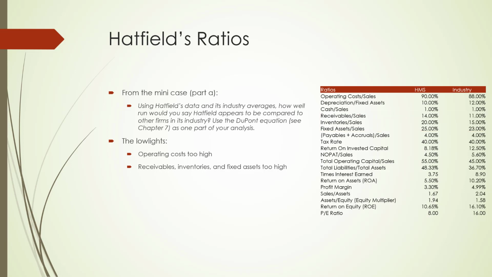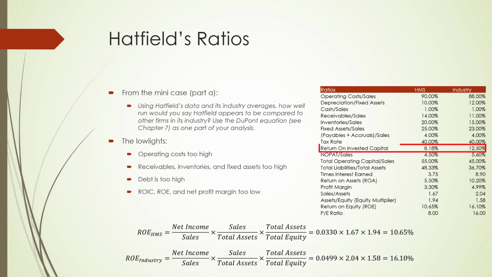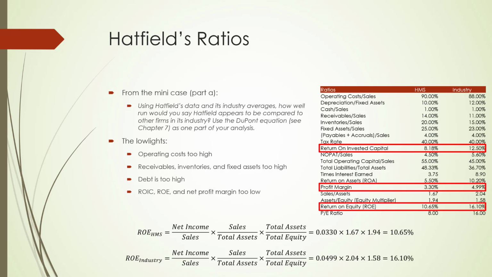If you go back to Chapter 7 and you look at the turnover ratios, the efficiency ratios, you'll see that these are basically the inverse of those ratios. Now, also note that debt is too high, and in this case we have total liabilities to total assets of 48.33% for Hatfield versus 36.7% for the industry. And return on invested capital, return on equity, and the net profit margin are all too low.